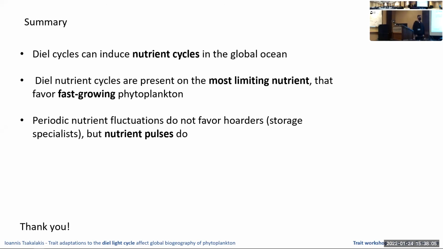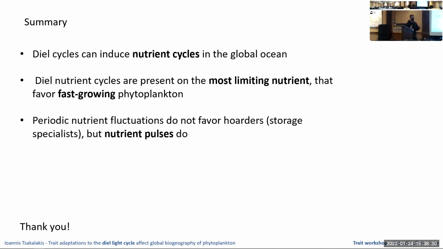I understand. So the first question, whether there are strong diel fluctuations in the ocean: I haven't found anything at low latitudes, especially in oligotrophic environments. It's even difficult to measure nutrient concentration because it's lower than the detectable level. So trying to capture diel cycles won't be very easy.